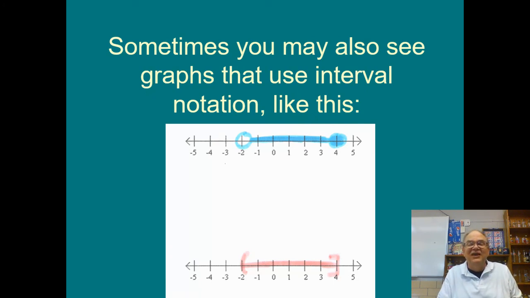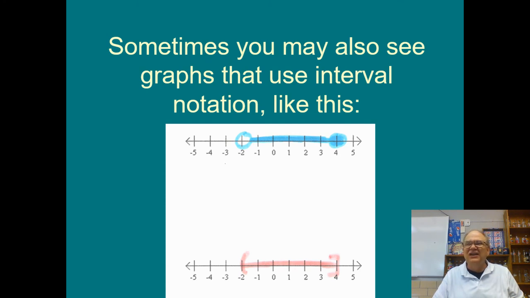Sometimes when you see a graph that is showing an interval on a number line, instead of using circles and dots like you've done ever since junior high, what they'll do instead is use that same parentheses and brackets to show whether or not you include things. This is actually the standard way of graphing on a number line in most of the world.